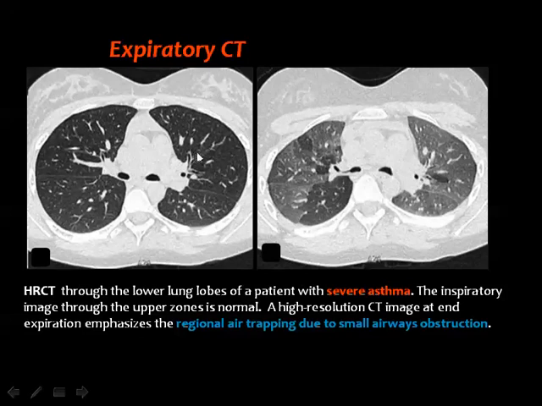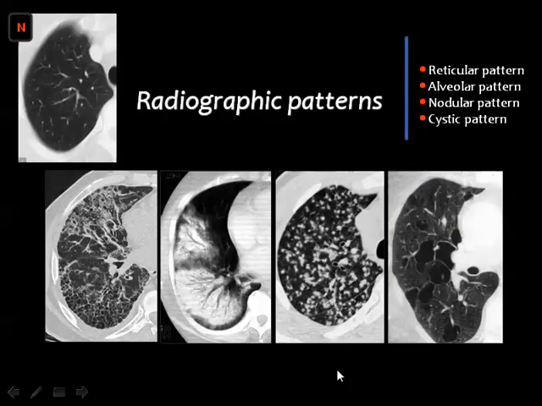In the inspiratory CT, you can see that the lungs are almost clear. But here, you can see areas of hypertranslucency representing trapped air. This is the normal lung during expiration, and these are areas of air trapping.